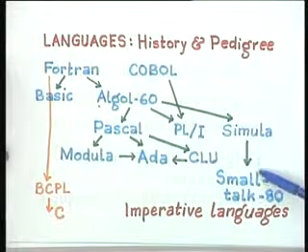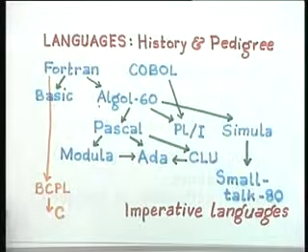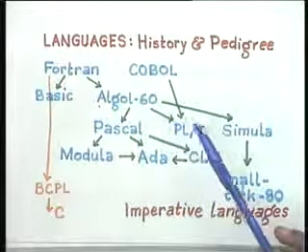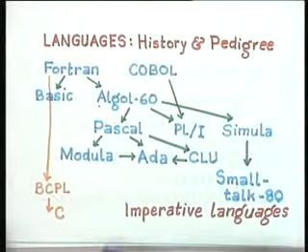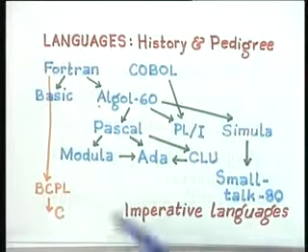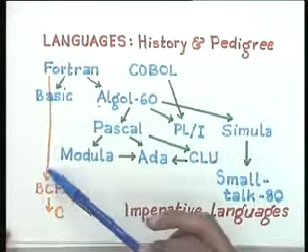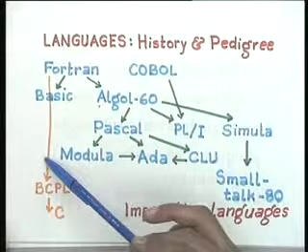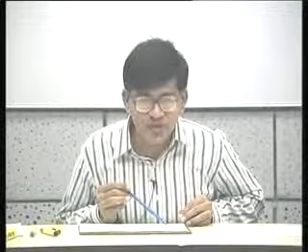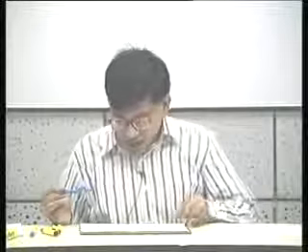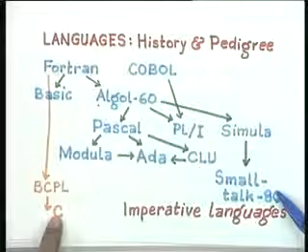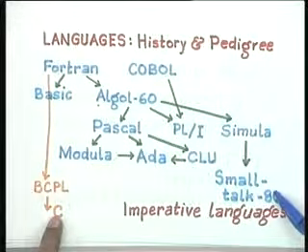From Simula you got these object oriented languages starting from Smalltalk 80. Okay, and somewhere in a parallel stream which is marked by this orange, you have BCPL and C. Actually BCPL was a transformation of a language called B, which itself was a transformation of a language called A, and C was derived from BCPL by modification. Yeah, and then once Smalltalk 80 came up and C was there and object orientedness became a big buzzword, you had C++, yeah, which is not here.